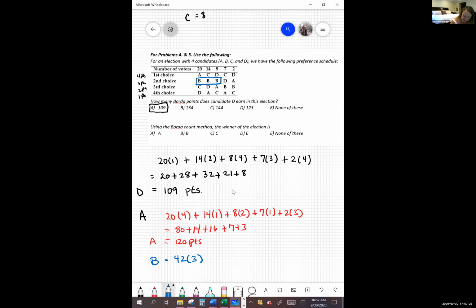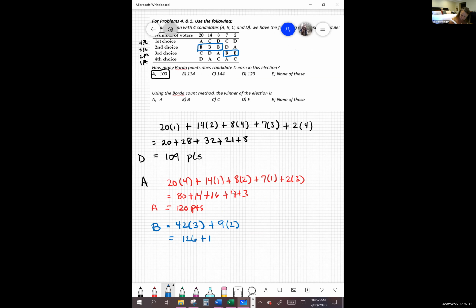And then notice down here, in the next 2 columns, B was ranked in third place, and that was 7 plus 2 people. That was 9 people, so plus 9 times 2 points. So 42 times 3 plus 9 times 2. So 126 plus 18, which gives us 144.